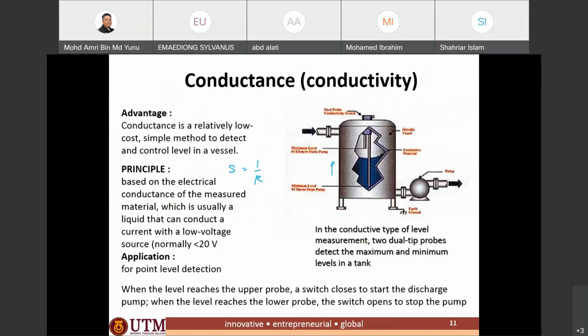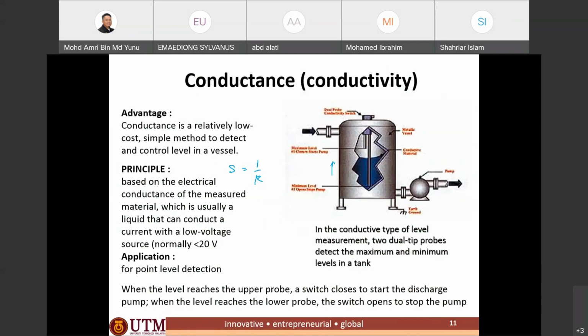So that's for capacitance. And we look into conductance or conductivity. So this is basically a point measurement application, whereas it only gives the outcome of low and maximum, or minimum or maximum.